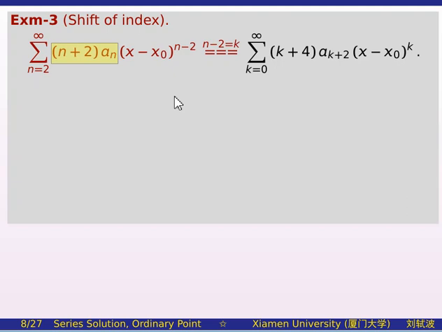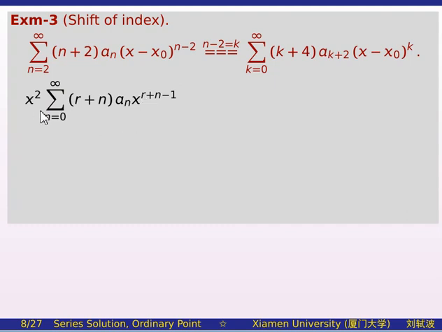Substituting n equals k plus 2 into the expression for the coefficients, we see that the coefficient of (x minus x0)^k is (k plus 2) a_(k plus 2). So this is a typical example of shift of index.